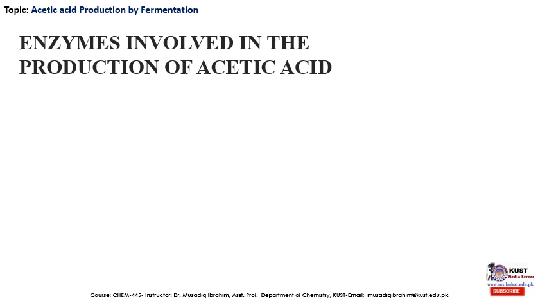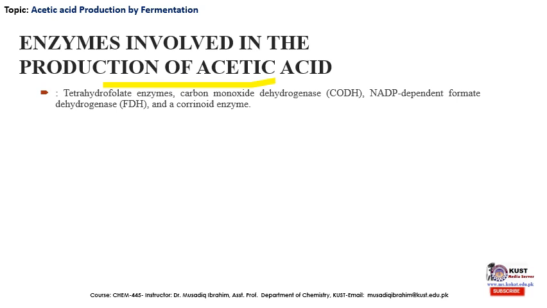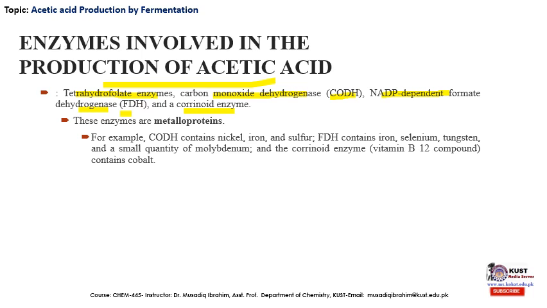Now, the enzymes involved in the production of acetic acid: tetrahydrofolate enzymes, carbon monoxide dehydrogenase, which is abbreviated as CODH, NADP dependent formate dehydrogenase, for example FDH, and corrinoid enzyme. So these enzymes are involved during the generation of acetic acid.